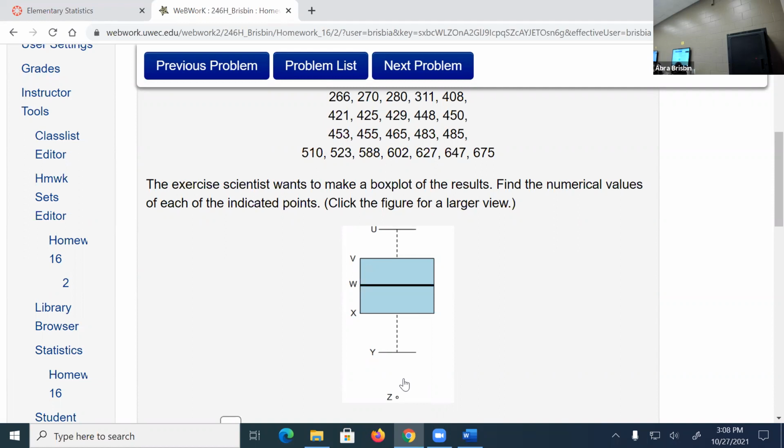But the key idea here is that the whiskers on the box plot, this is the same direction as the problem, do not actually go to the fences. The whiskers go to the last data point that is not an outlier.